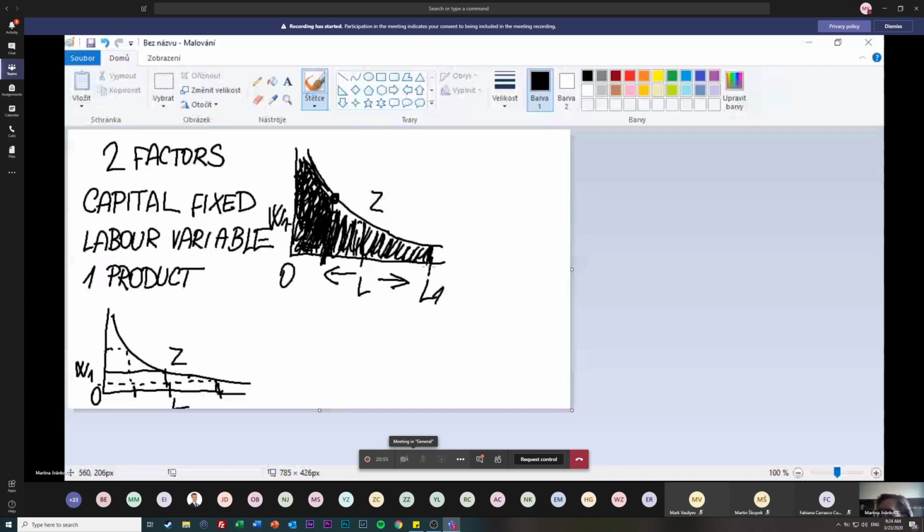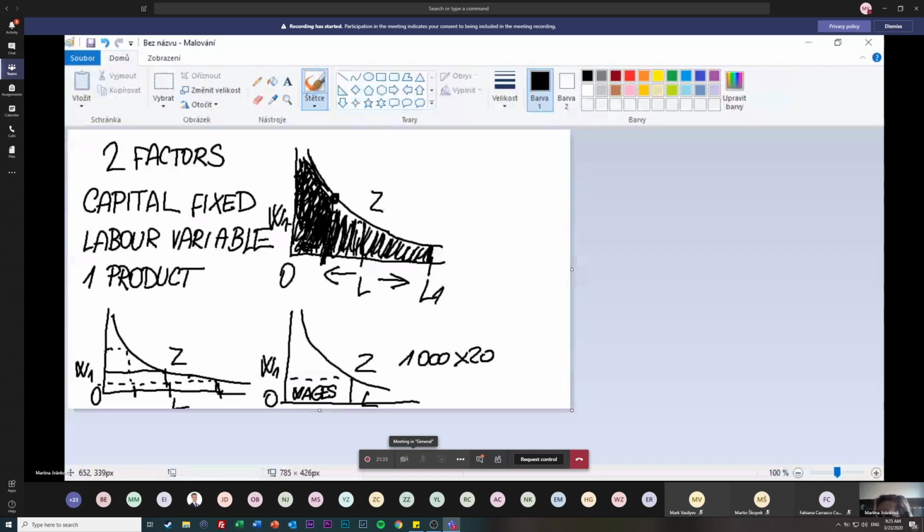The third thing concerns GDP and the two factors, capital and labor. We have OL, about 1,000 workers, and their wage is OW1. The area of the rectangle is the quantity times the wage, about 20,000.